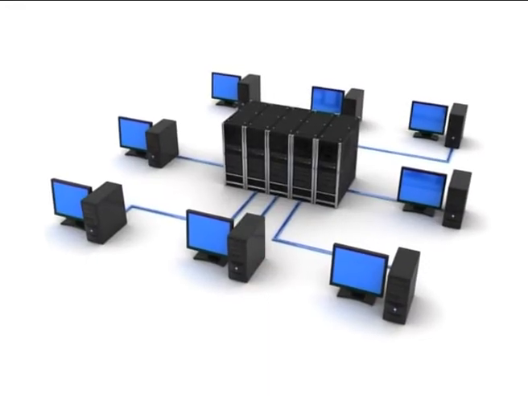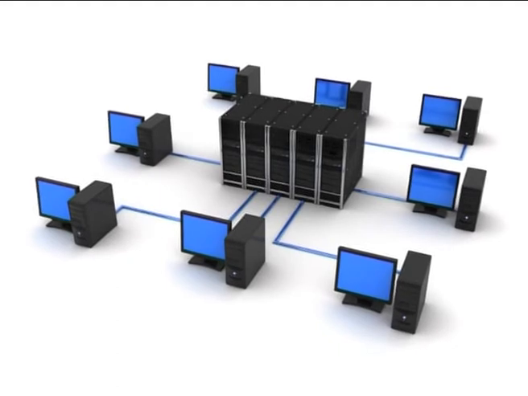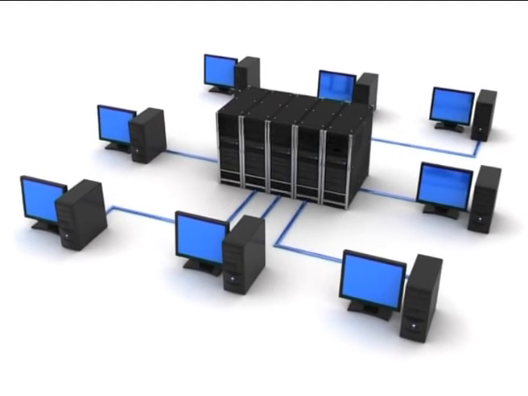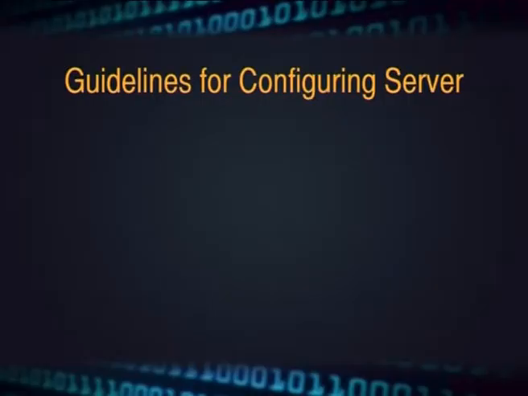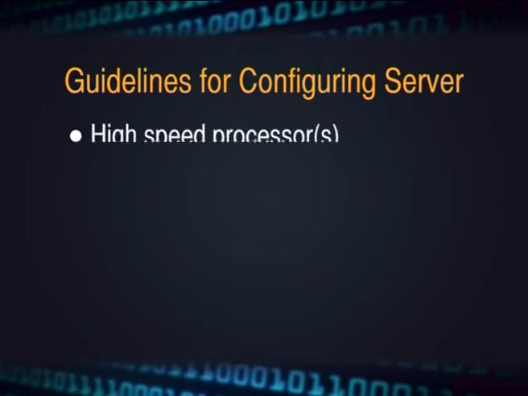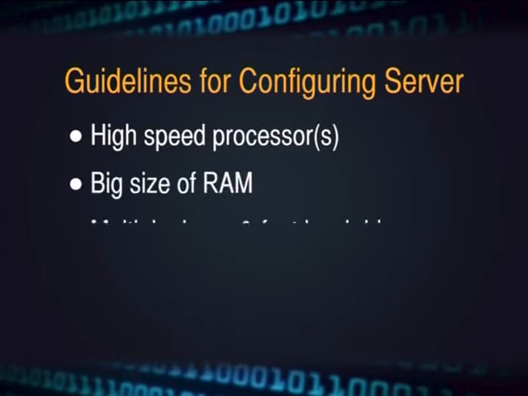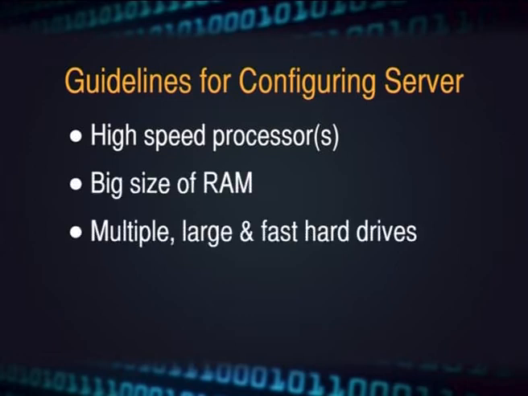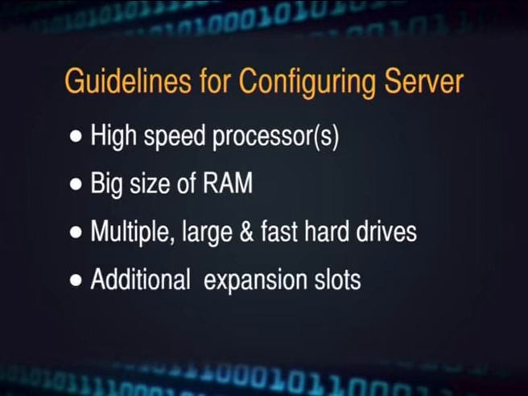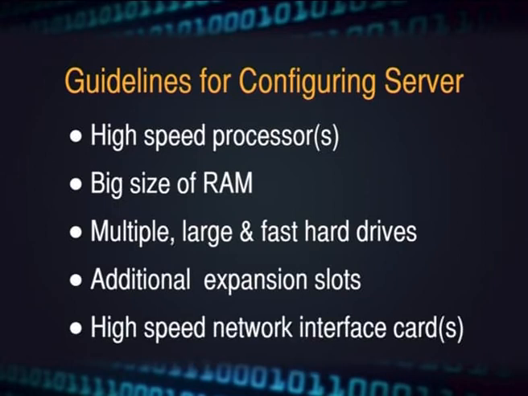This type of processing requires a computer that can quickly store and share large amount of information. Let's see the guidelines for configuring such type of server: high-speed processor, big size of RAM, multiple large and fast hard drives, additional expansion slots, high-speed network interface card.